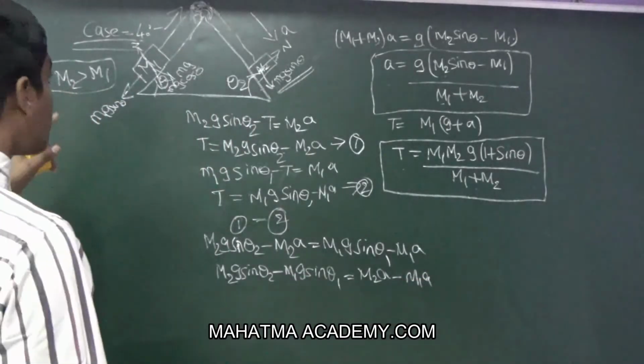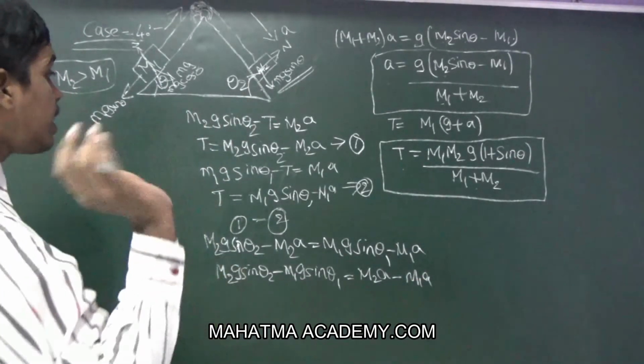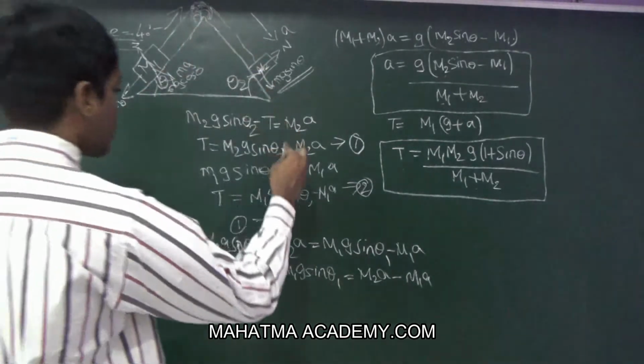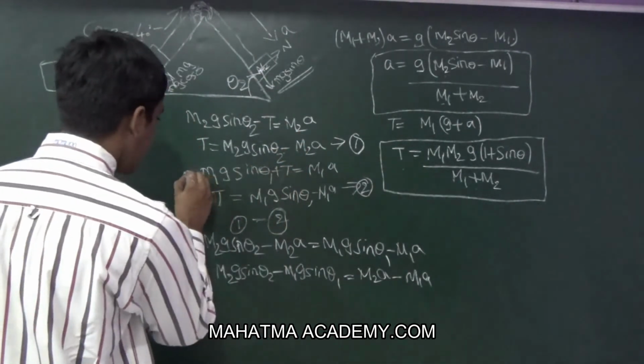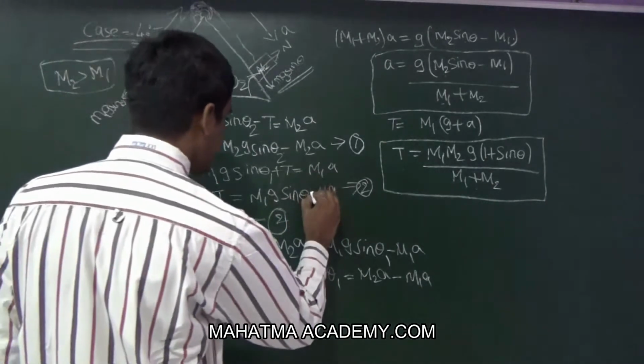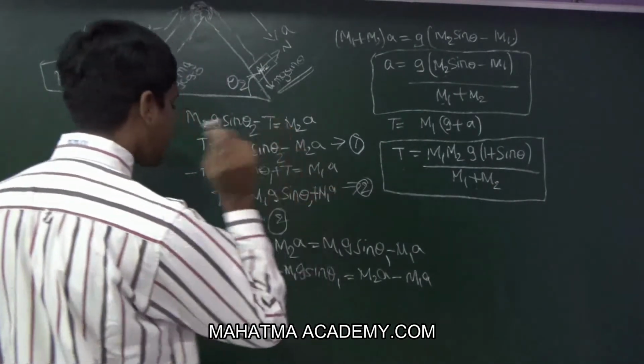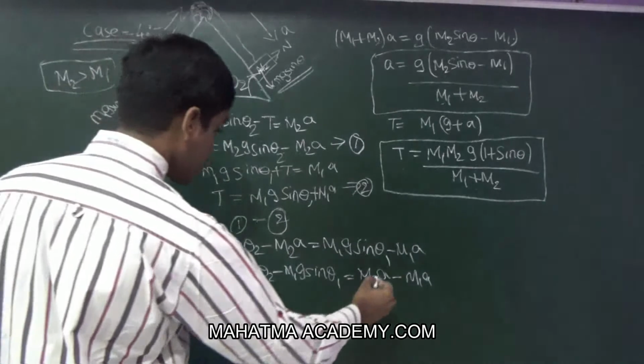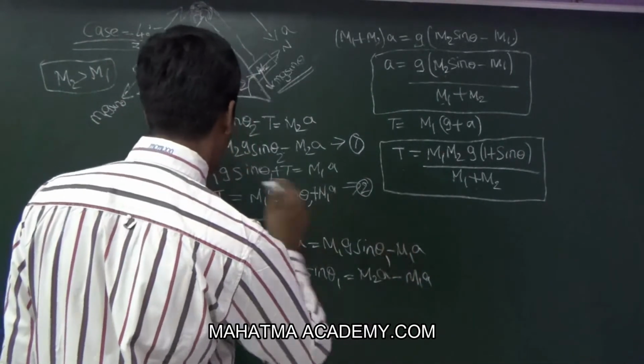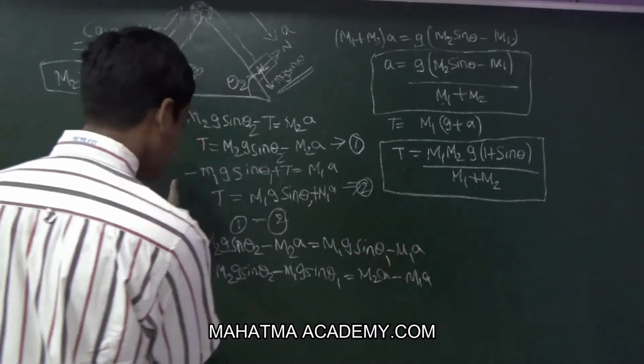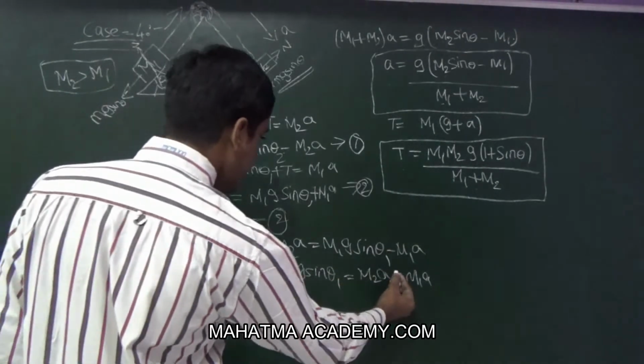Or sorry, okay, there is a mistake, students. Here it is plus and it is minus. Okay, the mistake will rectify here. Tension positive and m2a plus. It will become plus here.